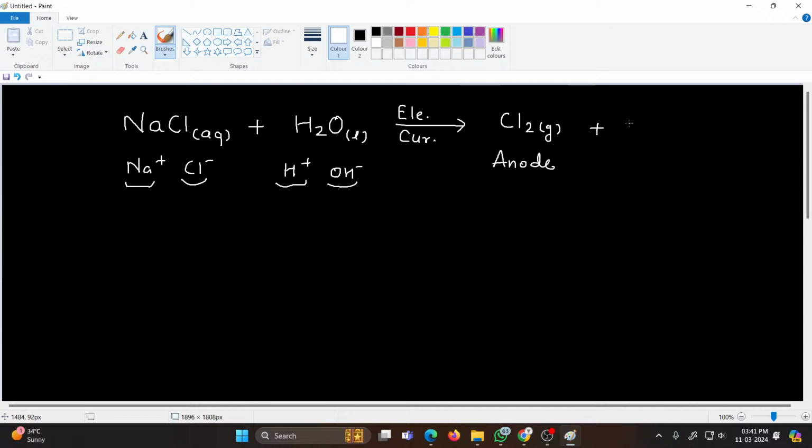Out of that hydrogen, it takes an electron from the cathode, and hydrogen gas is released at the cathode. So out of these 4 ions, H+ and Cl-, they are turned into respective gases. And then what remains is NaOH, and that remains in the solution. So NaOH aqueous. So this is the total reaction.